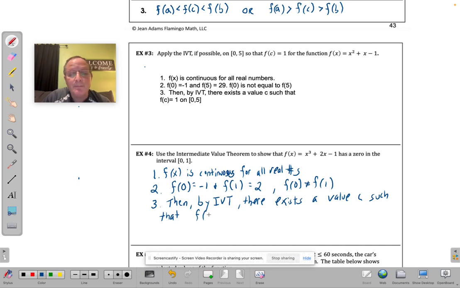Now, it could be more than 1, but we know there's at least 1 on the interval 0 to 1. In other words, if the beginning of the interval had a negative y value and the end of the interval had a positive y value, and it's continuous, then on that interval you're going to have a 0.